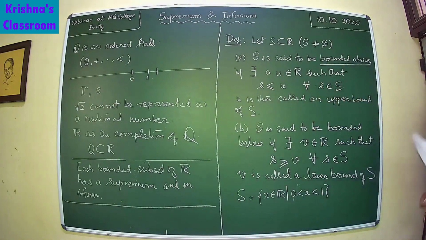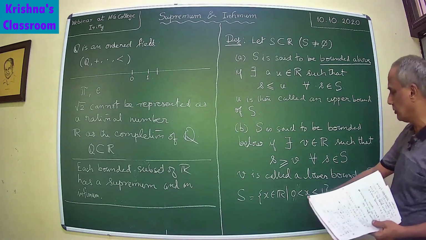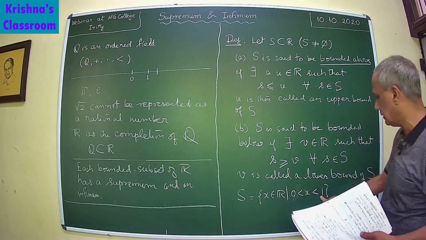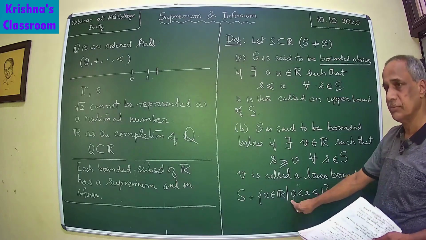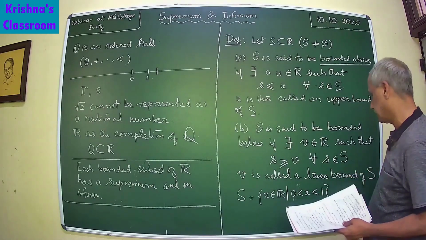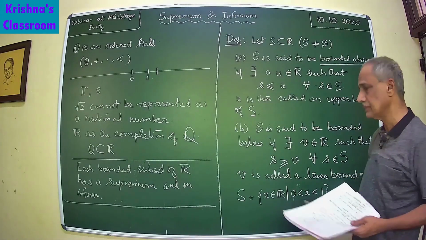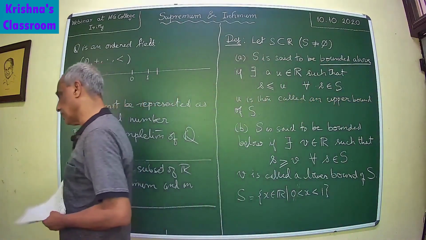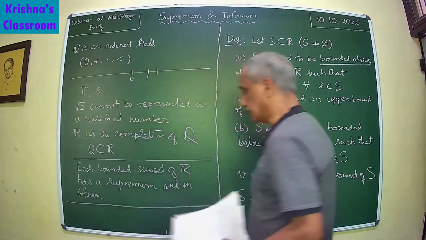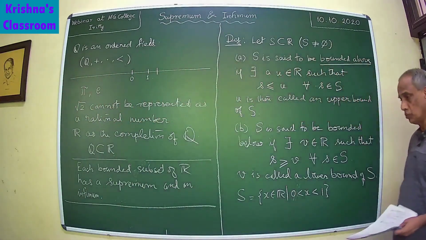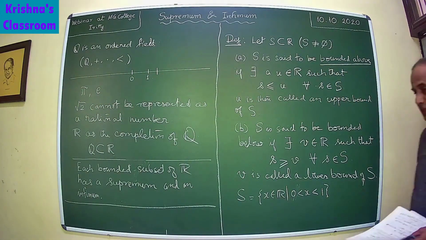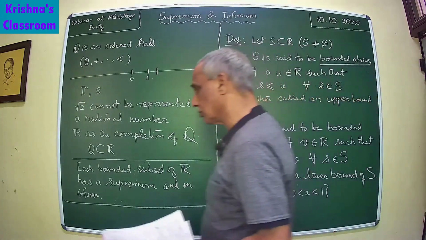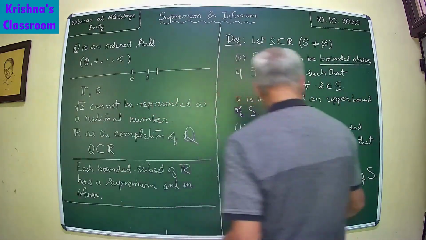Now you see that 1 turns out to be an upper bound for this set, 0 turns out to be a lower bound for this set. So this set is both bounded above and bounded below. Therefore, it's a bounded set. A set that is bounded above as well as bounded below is what you call a bounded set.